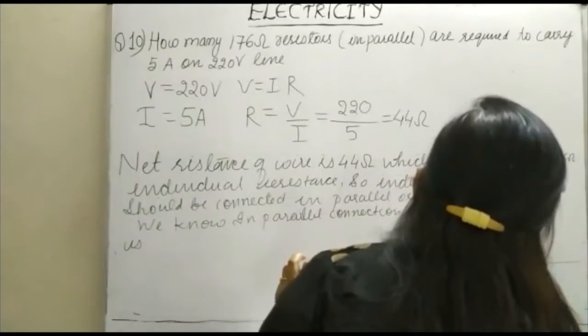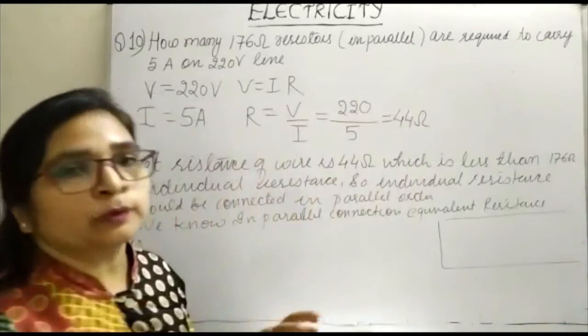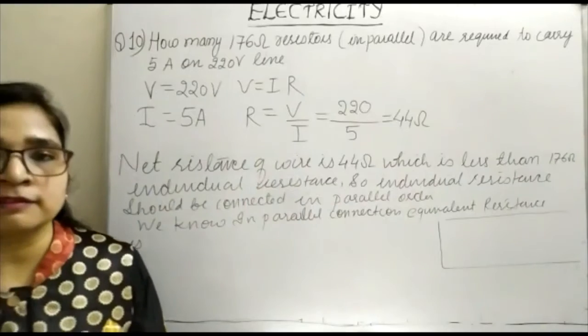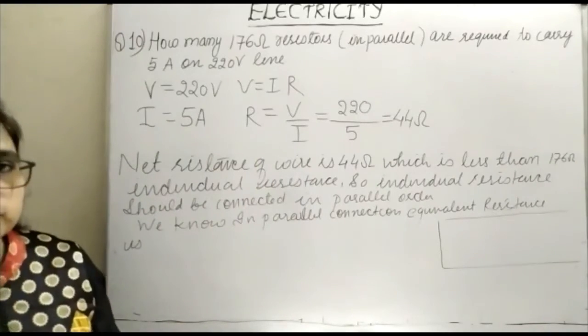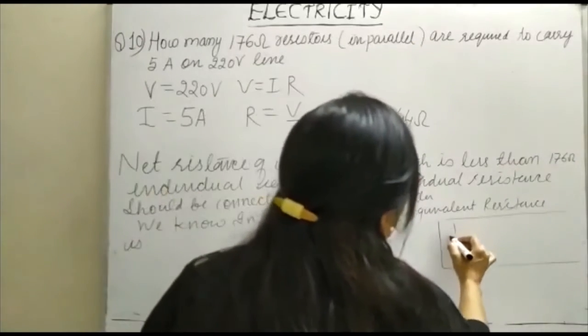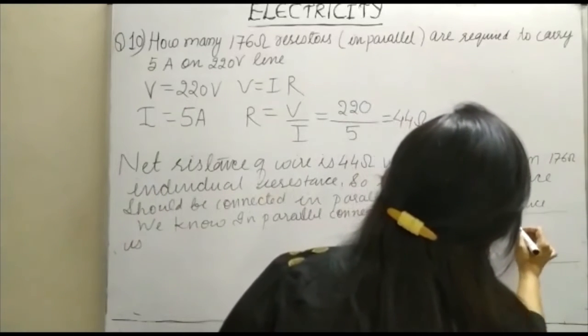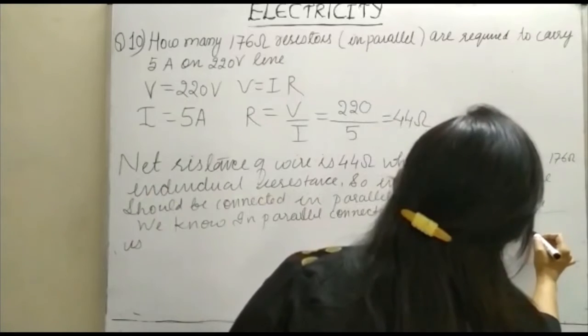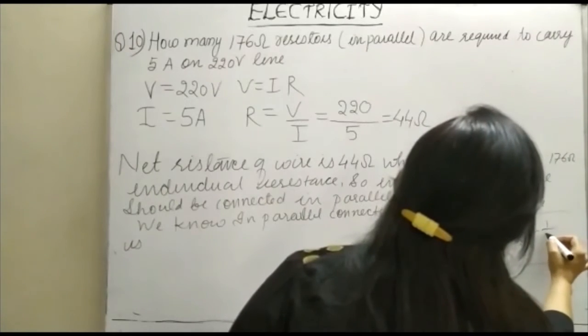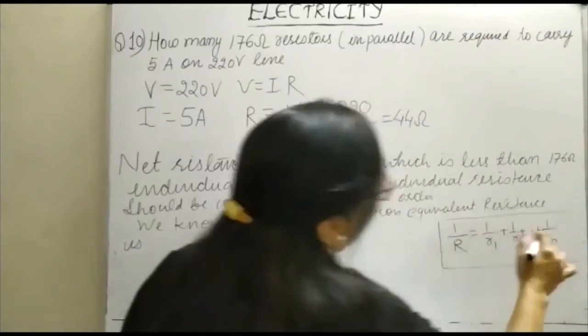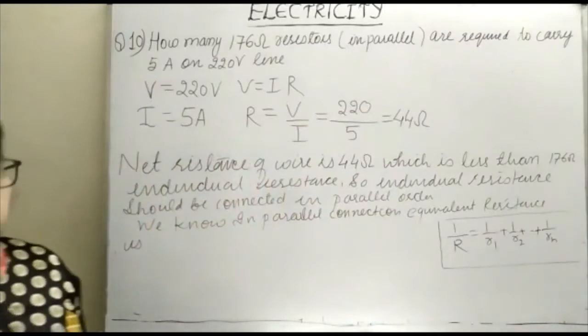You know this basic thing. Suppose R1, R2, R3 up to Rn are different resistors which are connected in parallel, then their equivalent resistance is given by 1 upon R is equal to 1 upon R1 plus 1 upon R2, and like this up to 1 upon Rn. In this way we can find out the equivalent resistance.